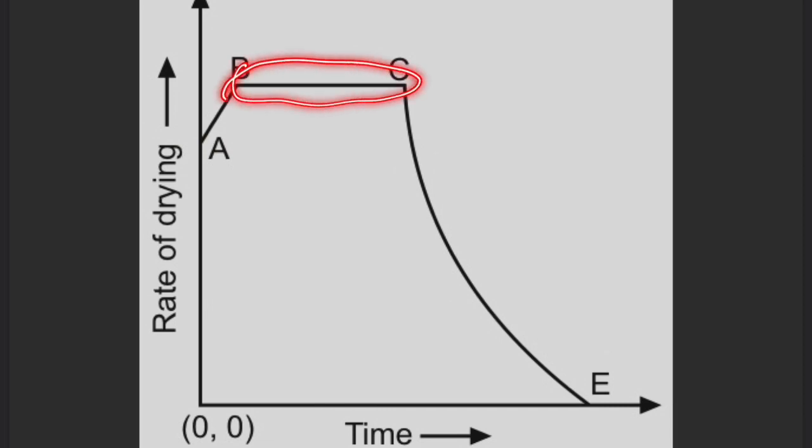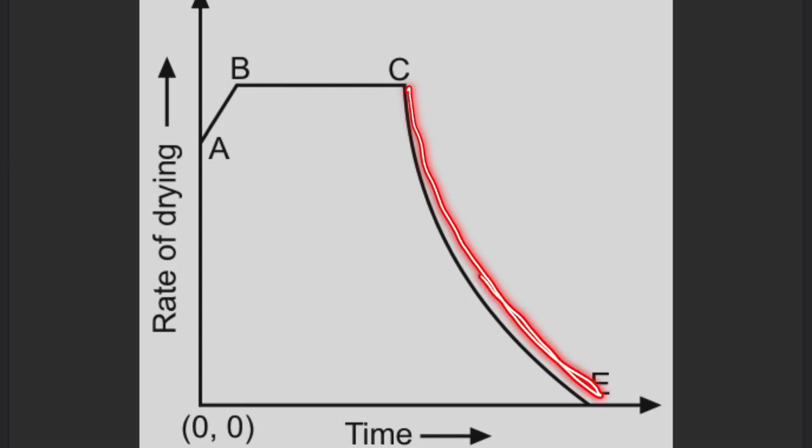Then from B to C we will have the constant rate period. Then from C to E we will have the falling rate period. So this is how the rate of drying will vary with time.